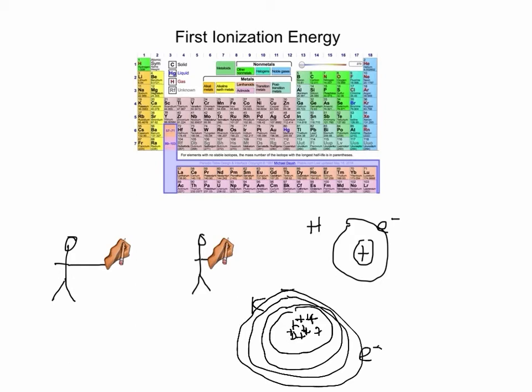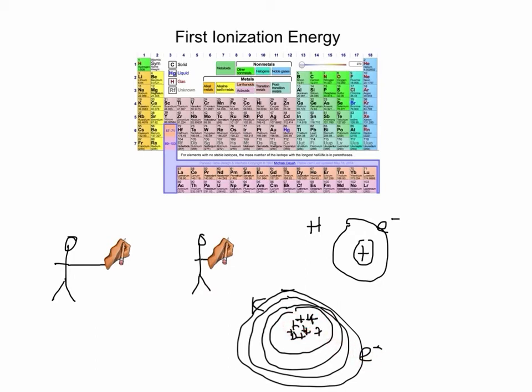Its outermost electron, because remember when we defined ionization energy, we said it's the energy needed to remove the outermost electron. Now, even though the electron is attracted by more protons here, it's much farther away.